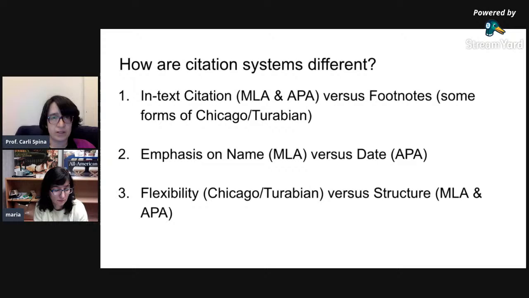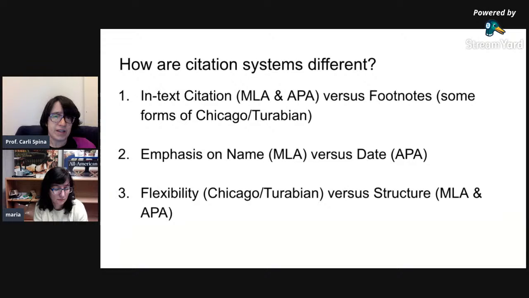There are lots of subtle differences as well in terms of the exact placement of things, the exact grammar and style used for things like how you reflect a date and information of that sort. But to give you some sense of the overarching differences between these systems and why they're different, we can talk about them in this format with three major differences.